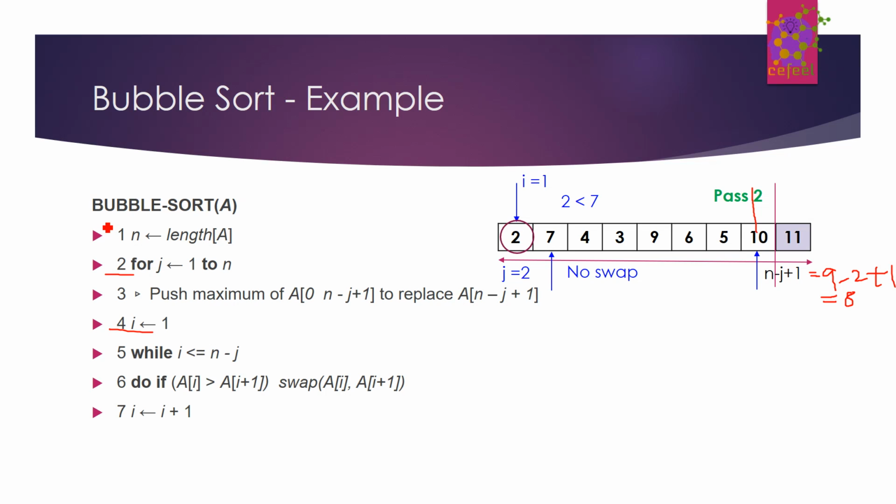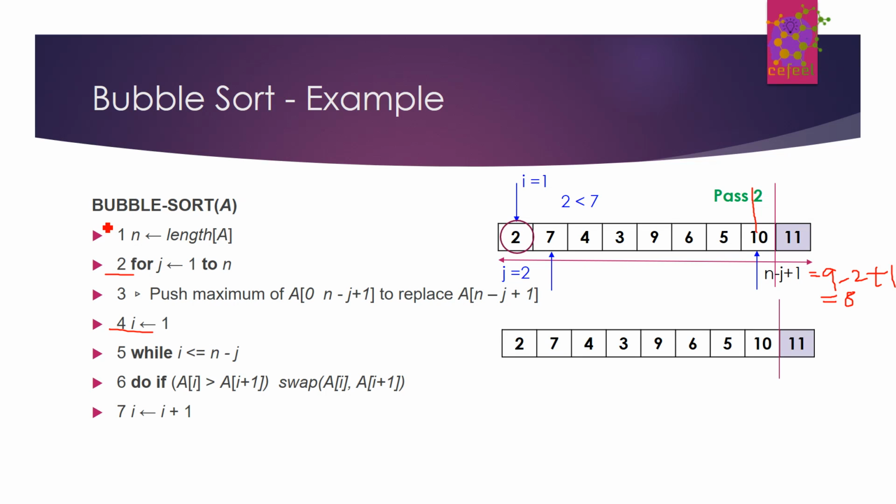Notice 2 is less than 7, which means the elements are in order, there is no need to swap. So nothing to do here, we just increment I to the next value, I becomes 2, so I points to the maximum element 7 compared to the previous elements. Now we again compare AI with AI plus 1, so we compare 7 with 4, and notice 7 is greater than 4, hence a swap is needed.